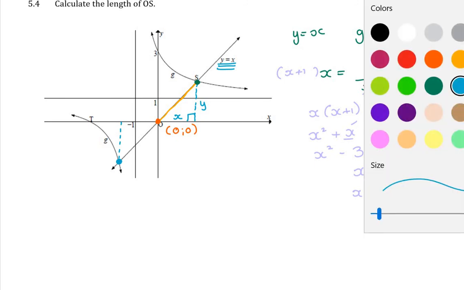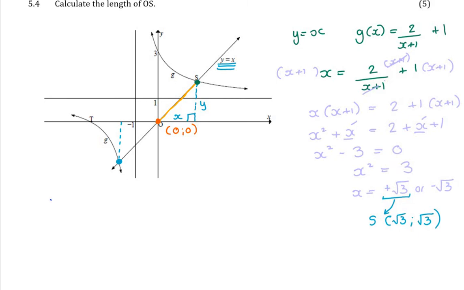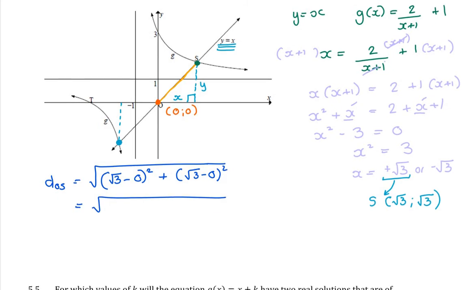Now personally, I would now use my distance formula. So I would say the distance from O to S equals the square root of the change in x, so root 3 minus 0 squared, and the change in y, root 3 minus 0 squared. So that equals the square root of, now root 3 minus 0 is root 3.